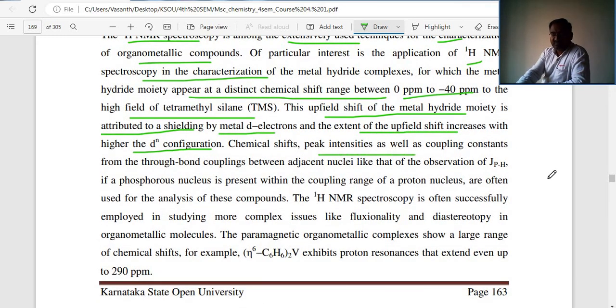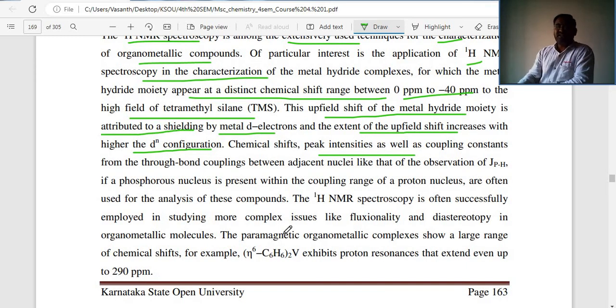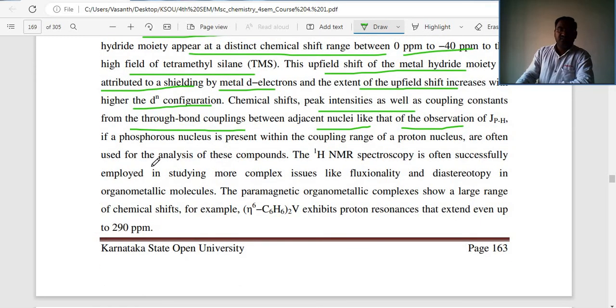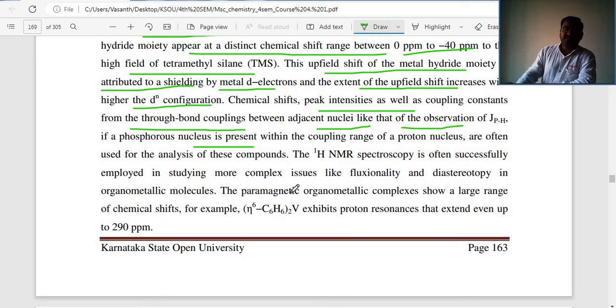Chemical shift, peak intensities, as well as coupling constants from through-bond coupling between adjacent nuclei, like the observation of this J coupling when phosphorus nuclei are present within coupling range of a proton nucleus, are often used for the analysis of these compounds.